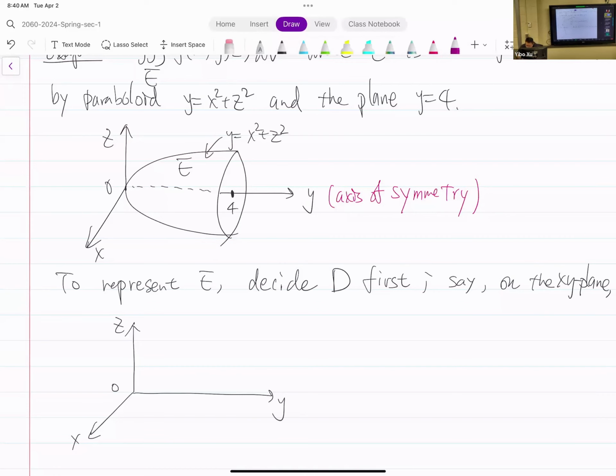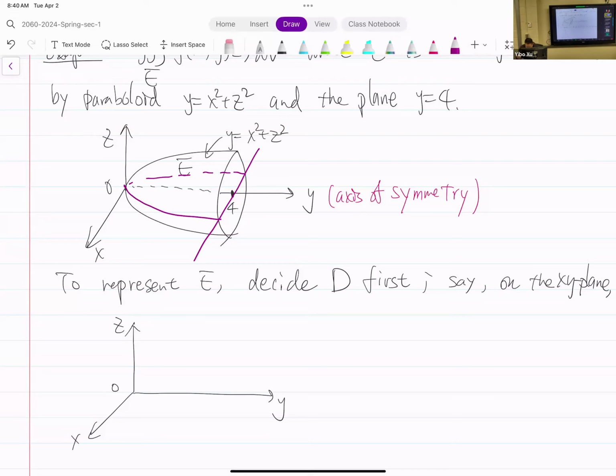So what does it look like? So essentially, let's quickly sketch. Here there's going to be a straight line, but then the intersection is going to be a parabola, right? Which is the intersection of the surface y equal to x squared plus z squared with the horizontal plane.